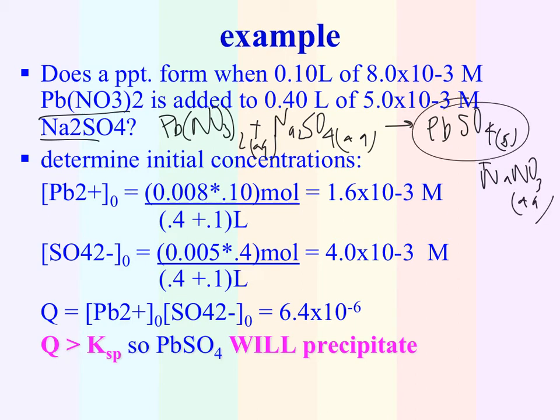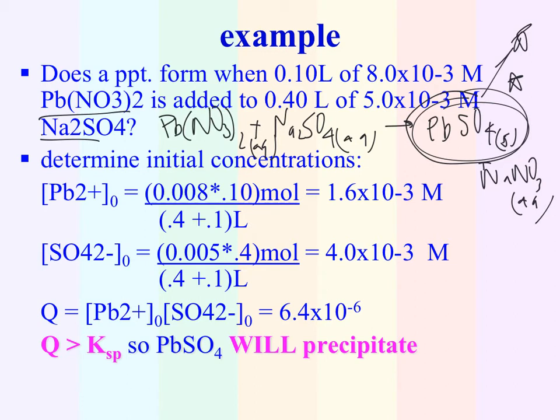How did I know this was going to be the thing that precipitates? I know my solubility rules, or I looked at the solubility table. These are things you should acclimate yourself to. These are the ions I'm concerned about because they're involved in the precipitation. So we need to analyze the process occurring for this precipitation.